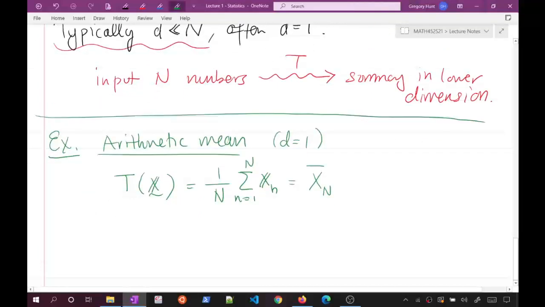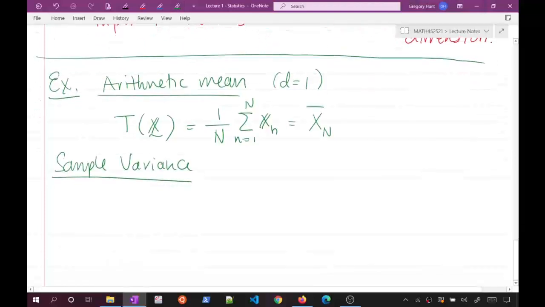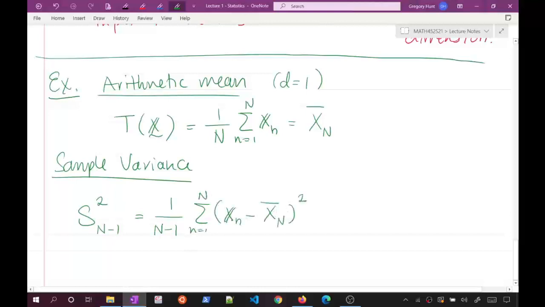But there are other examples. Let's say sample variance. These are things you might have seen, say, in an introductory statistics course. In this course, we're going to denote this as S squared with a subscript n minus 1. And that has the formula 1 over n minus 1 times the sum of my x sub i's minus my arithmetic mean, you square those and you sum them up.